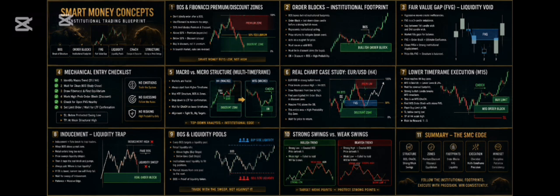Institutional algorithms are strictly programmed to buy assets only when prices are deeply discounted. As a retail trader following smart money, you must never buy in a premium zone. Waiting patiently for price to retrace into the discount zone drastically maximizes your win rate.